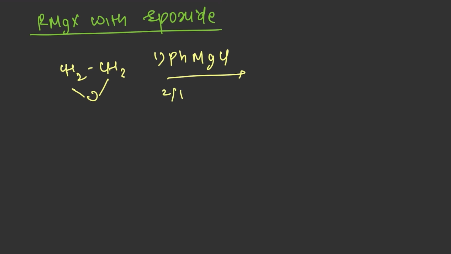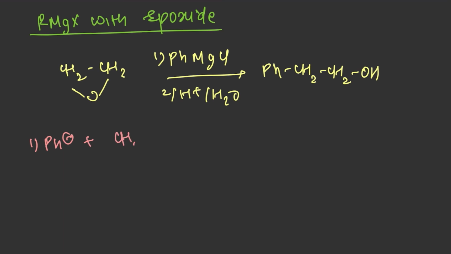It will form PhCH2CH2OH. Now look at its mechanism. First we have Ph⁻ reacting with CH2, then O. It will attack over here, the bond will flip back, and it will form Ph CH2CH2OH.